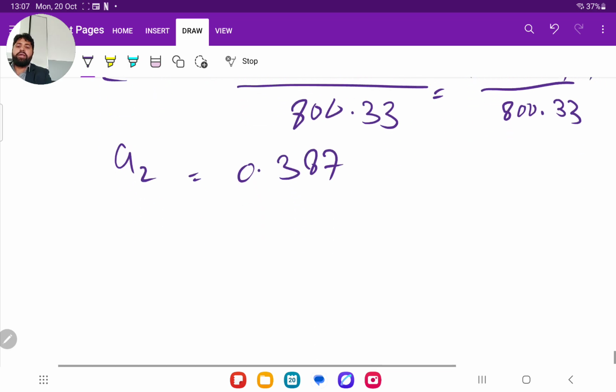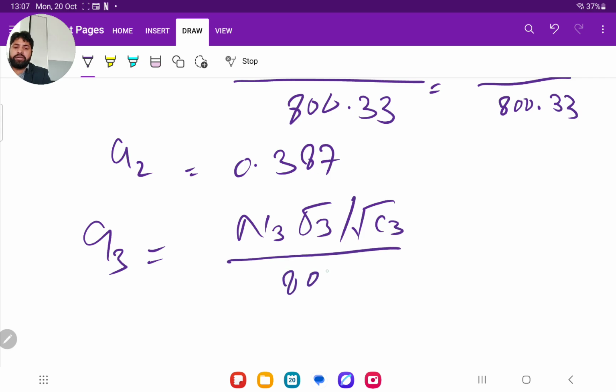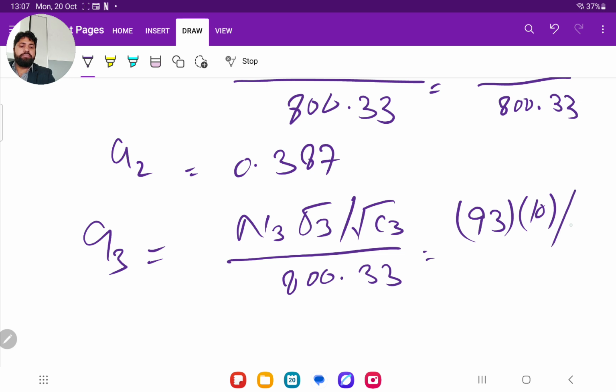Okay, and for the third, A3 will be N3 sigma 3 divided by square root of C3 divided by 800.33. N3 is 93, so 93 multiplied by 10 and divided by square root of 16, divided by 800.33.